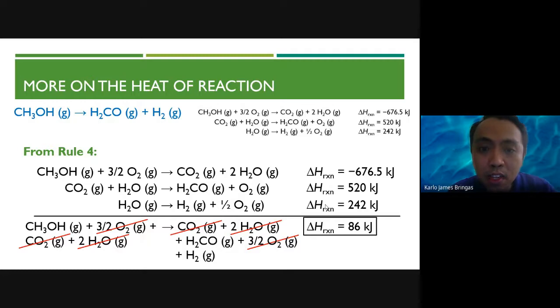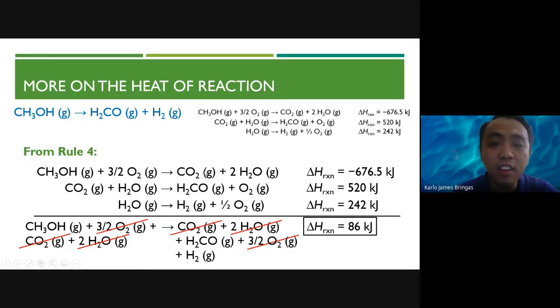So that is how you use Hess's law to determine how much heat is involved in a reaction whose heat is not previously known. All you need to do is look at the data of all the known thermochemical equations, manipulate them so that you're able to get the target equation from all of the manipulations.